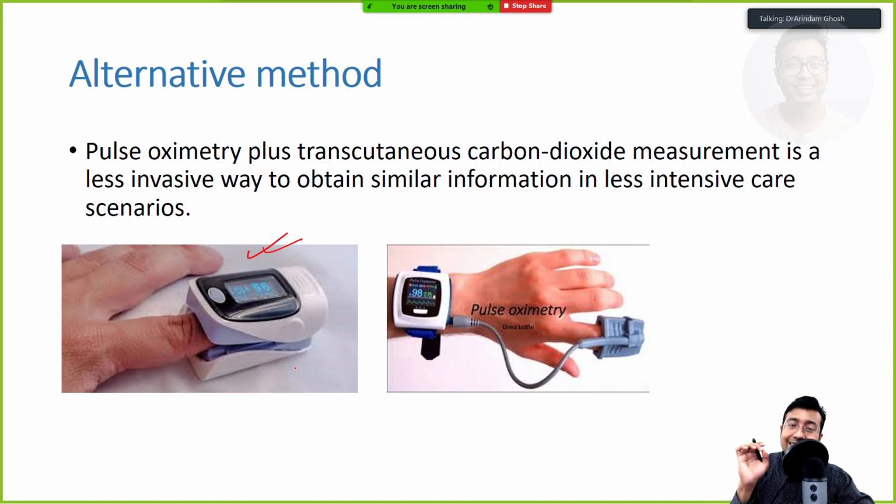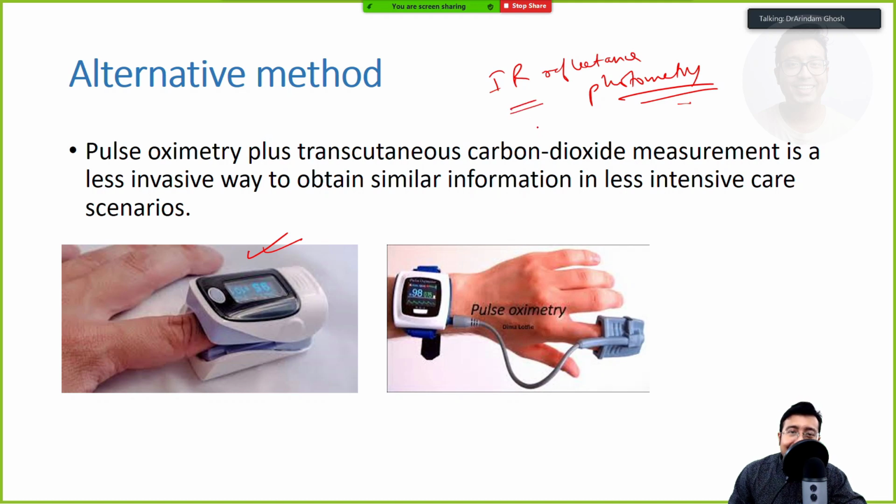Similarly, this uses the principle of infrared reflectance photometry. Oh, my handwriting is abysmal with this digital pen. This infrared reflectance photometry can give information about all the dissolved gases.